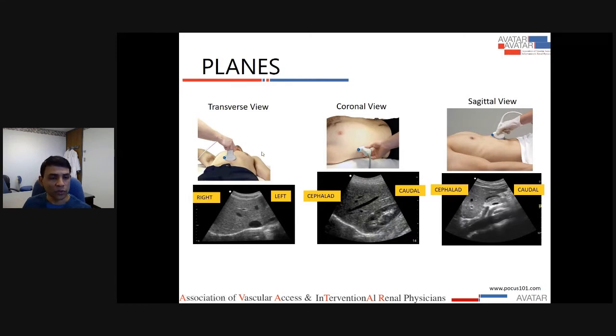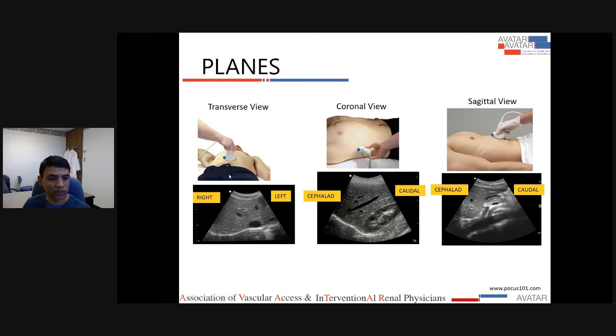So when we view images on different planes, it's important for us to understand what we're looking for on the screen. On the far left, we have a transverse view, and you can see that the indicator of the probe points to the right. So look at the corresponding image below.